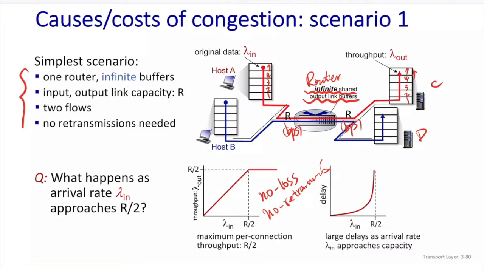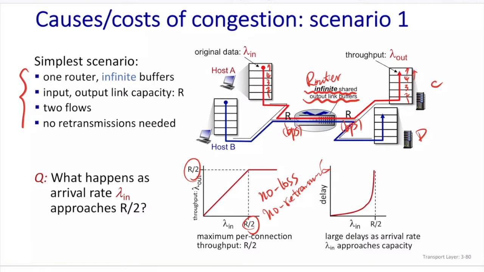Because no packet is lost, and it should be nearly half of the link capacity because we have 2 TCP connections. One is the red one, the other is the blue one, and we will talk about the reason why it is exactly half of the link capacity if we have 2 connections.